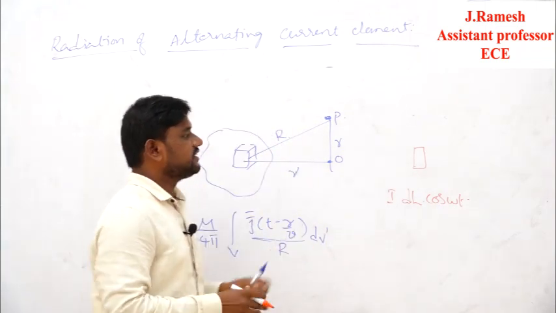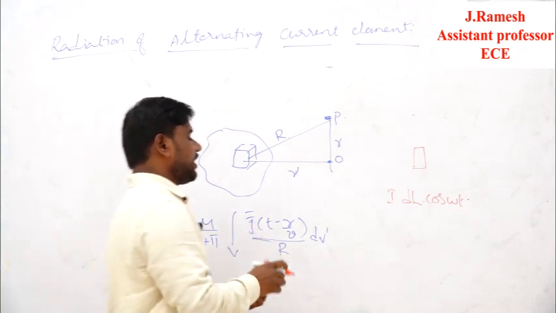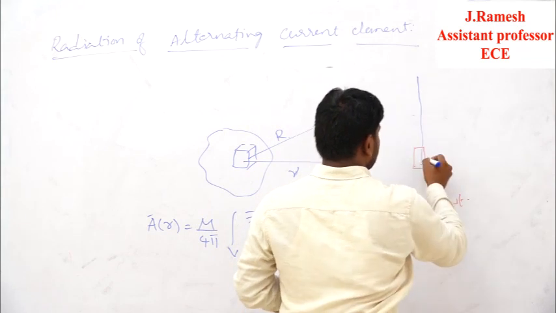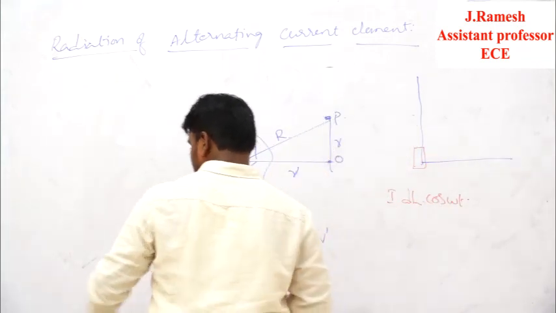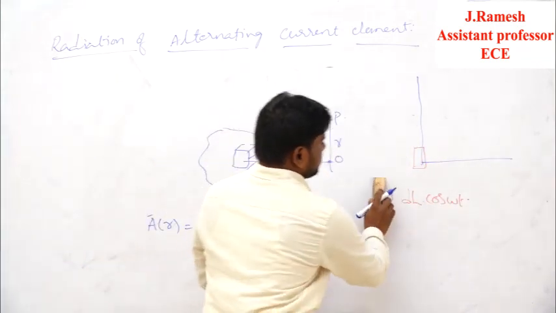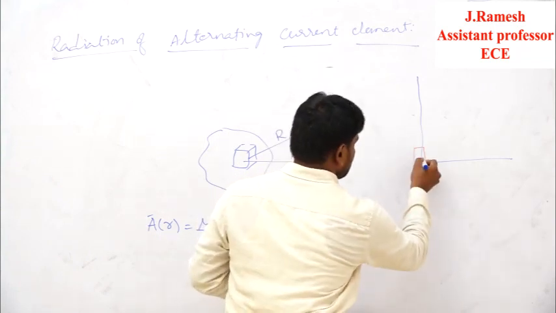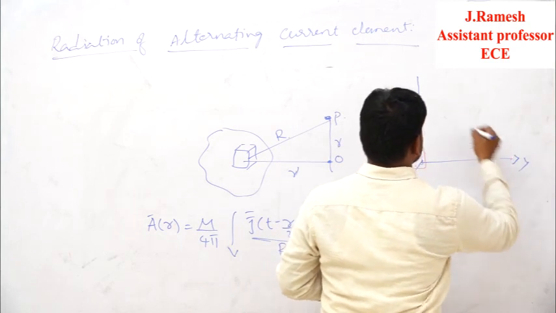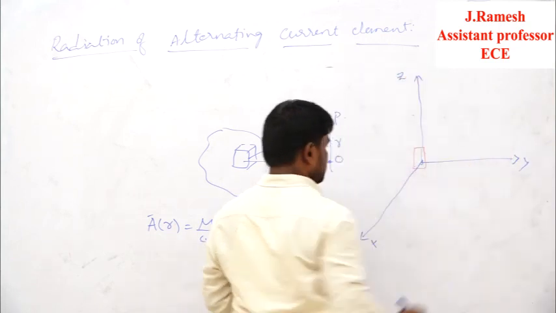But where I consider this element is in a spherical coordinate system. The spherical coordinate system also has 3 axes like this. Suppose this is the x axis, this is the y axis, this is the z axis.